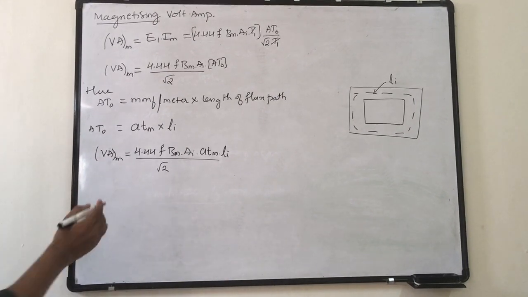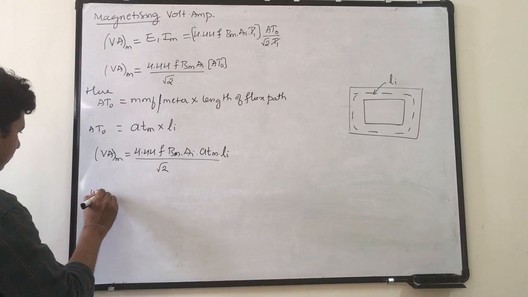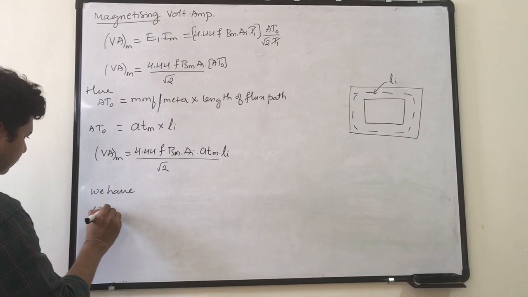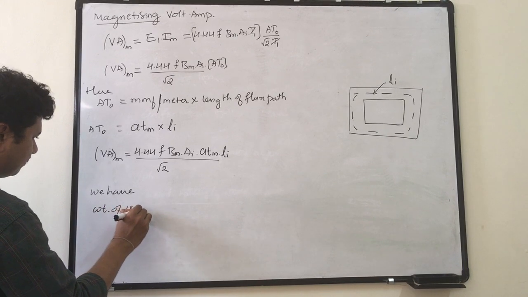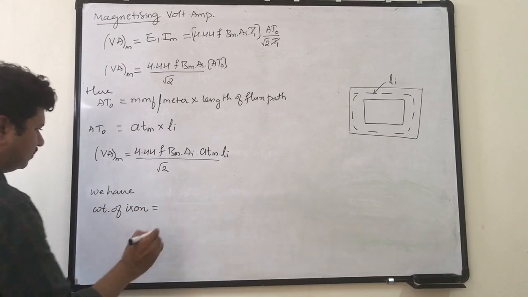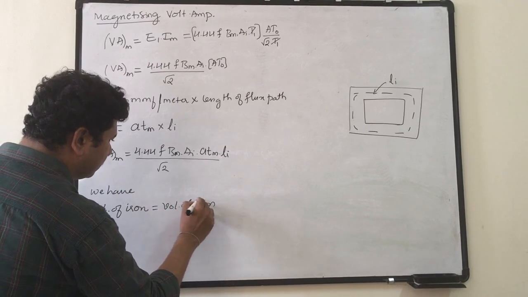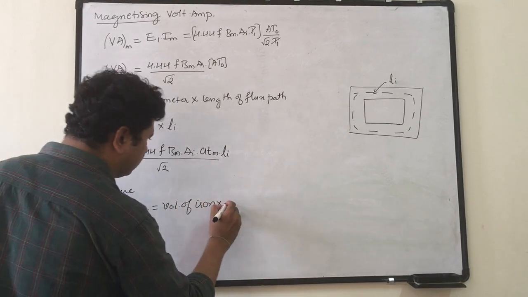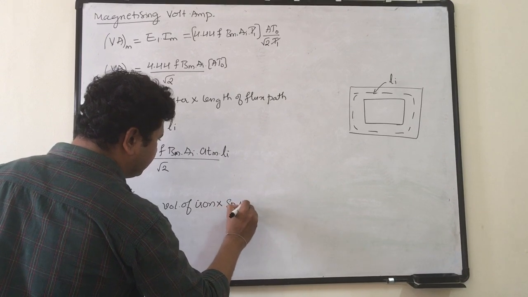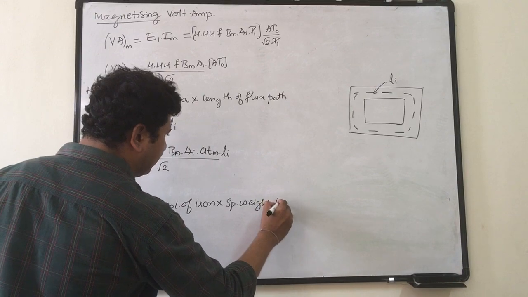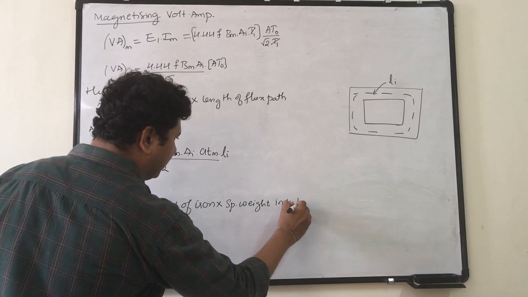So weight of iron is equal to volume of iron multiplied by specific weight, in kg per meter cube.